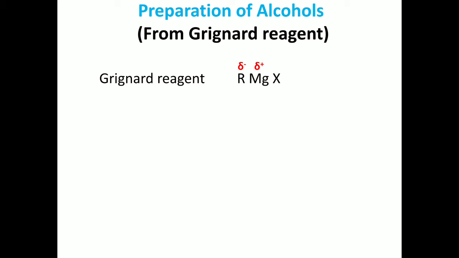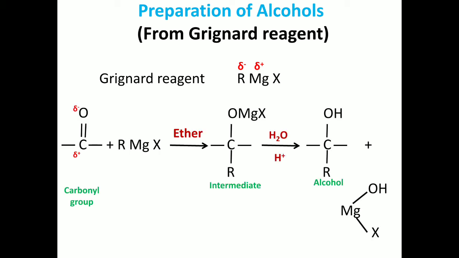If we have an aldehyde or ketone, it consists of a common group, that is the carbonyl group, C double bond O. When it reacts with Grignard reagent in the presence of dry ether, the alkyl group R will attack the carbon atom, because the carbon atom has a partial positive charge, and MgX will attack the oxygen atom, because the oxygen atom has a partial negative charge.